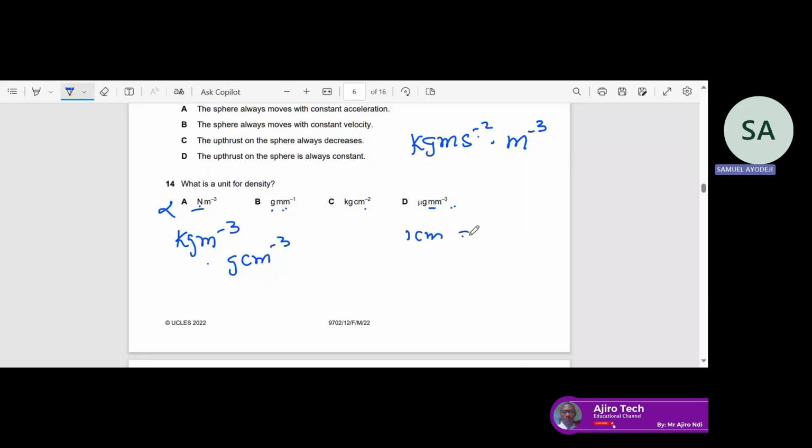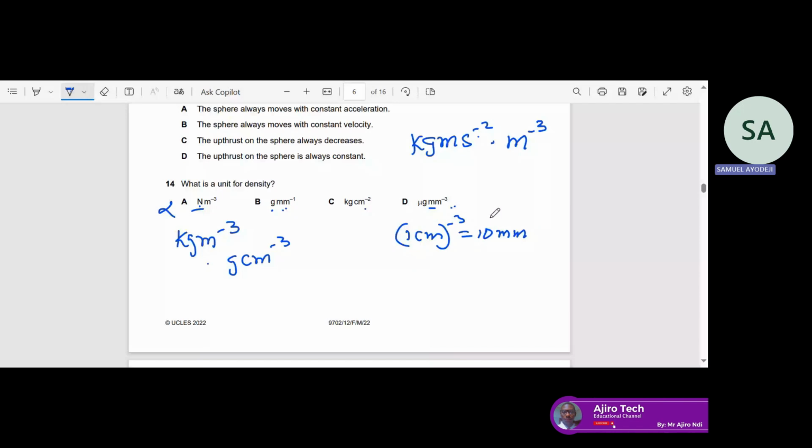1 centimeter to 10 millimeter. So now I want to get power 3, I want to get minus 3, both sides by minus 3. That is simple mathematics.